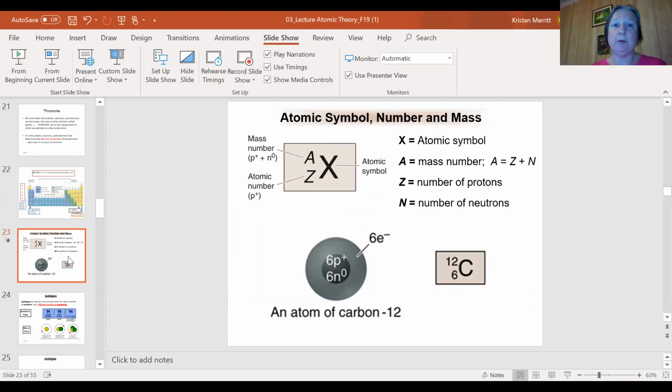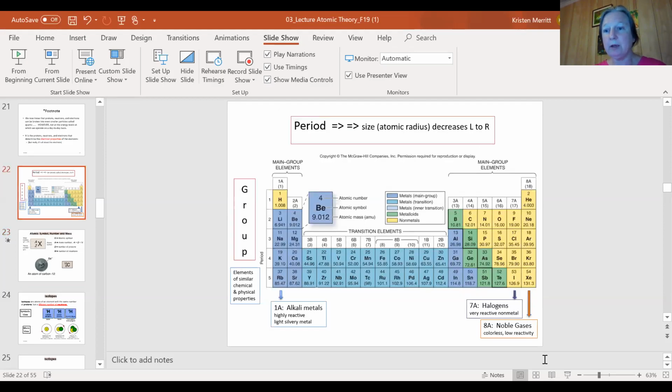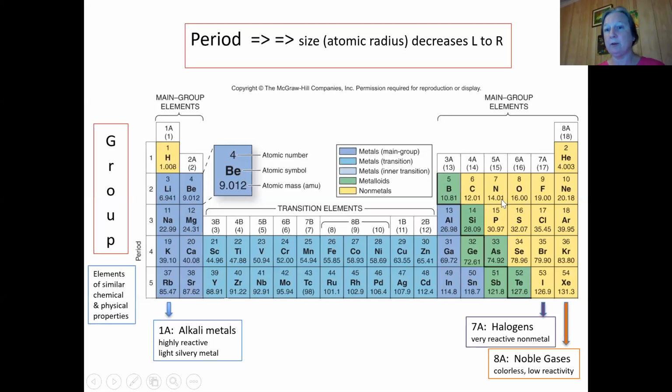Know these symbols. If you look at the periodic table, there's a number over each element. The bottom number here is the mass. This is the number of protons. Number of electrons can change and number of neutrons can change, but number of protons never changes, and you do want to know that.